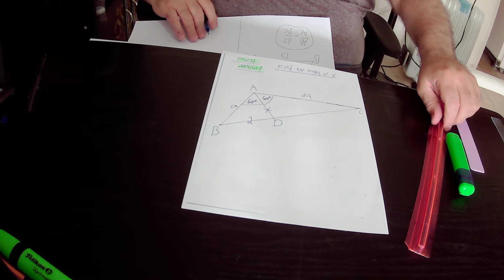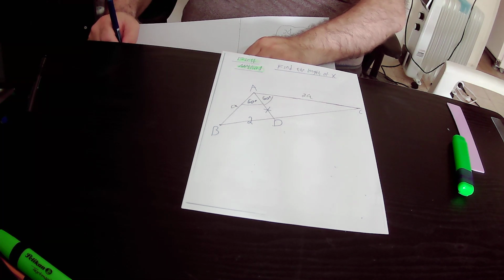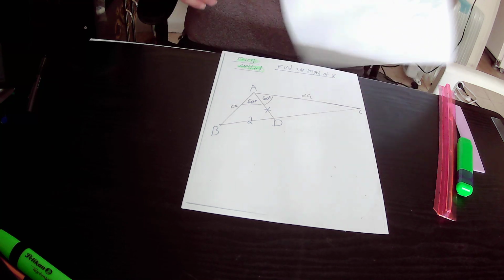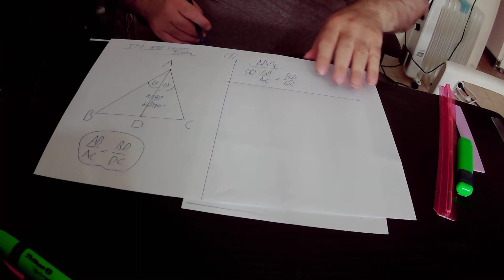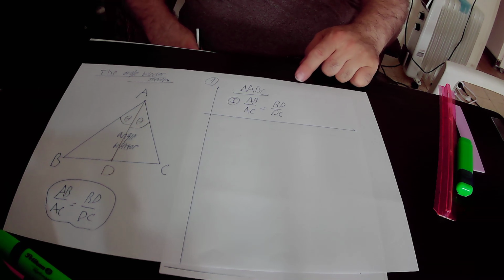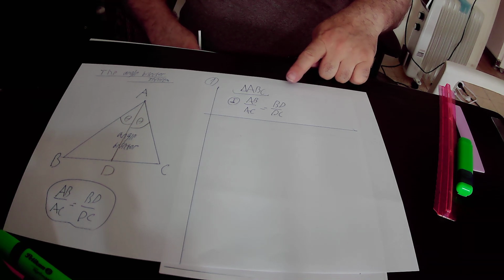To repeat, in our original drawing, the implementation of the angle bisector theorem in triangle ABC means that AB over AC equals BD over DC.